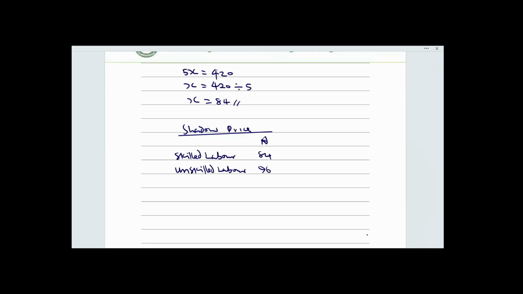Now, you remember, we said that shadow price is the extra contribution derivable from the additional units of limited scarce resources that have been fully utilized at the optimal level of activity. So the limited scarce resources are skilled and unskilled labor, okay? Skilled and unskilled labor are the constraints in the question. So this is how to calculate shadow price using the dual method.